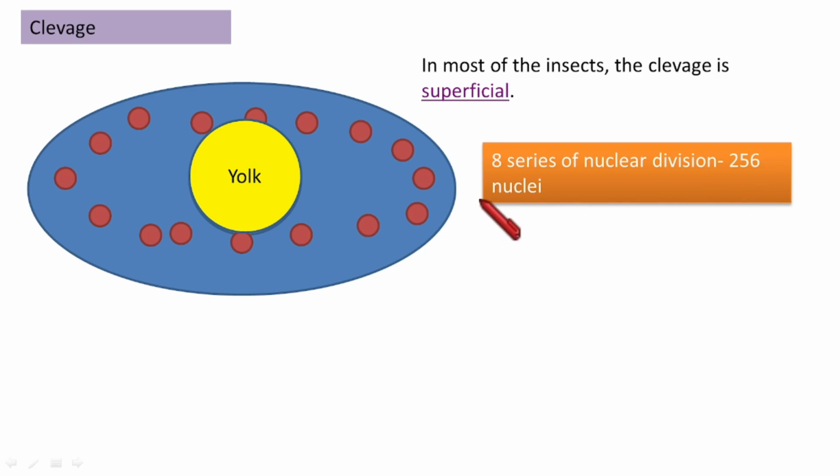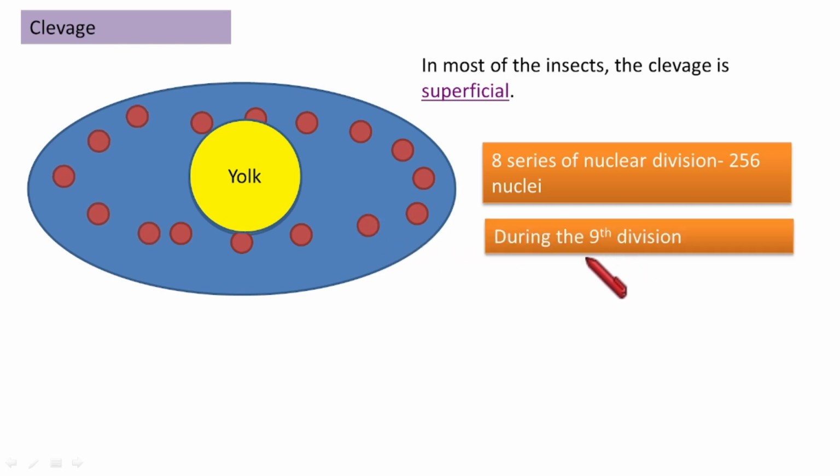About 256 nuclei. Because of the lack of enough space, I can't show all the nuclei here. Also you need to notice that cell membranes are not forming for each and every nucleus.